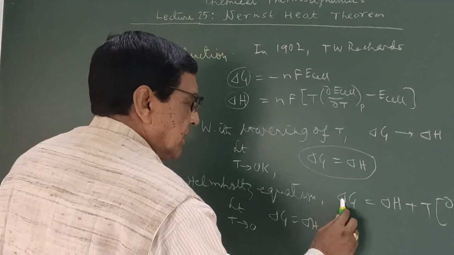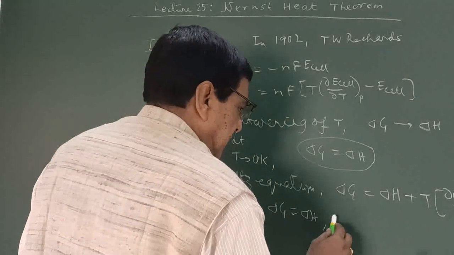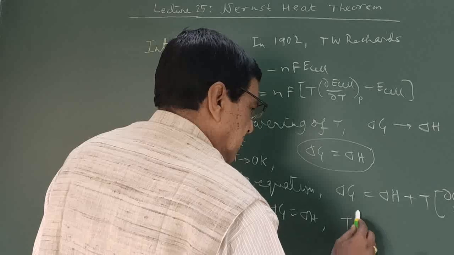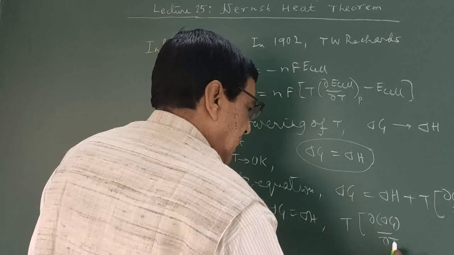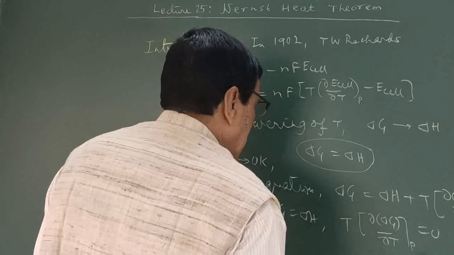If these two are equal at this very low temperature, then the equation gives T into del delta G by del T at constant pressure equal to 0.